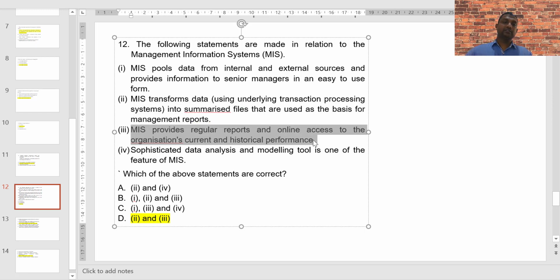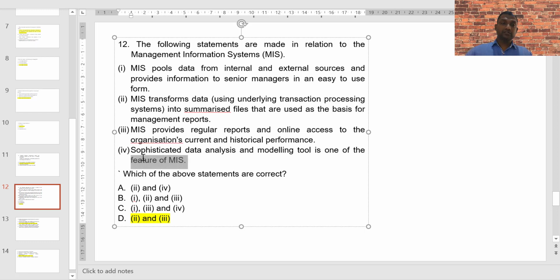So MIS is like a tool which always gives you reports and summarized information about what is happening at the moment, as well as over time how things have happened. So the third statement is also correct. Sophisticated data analysis and modeling is one of the features?